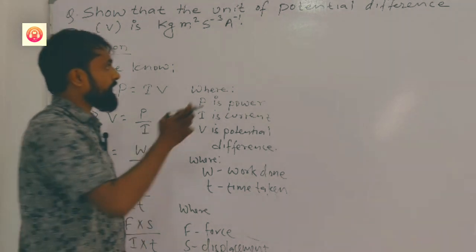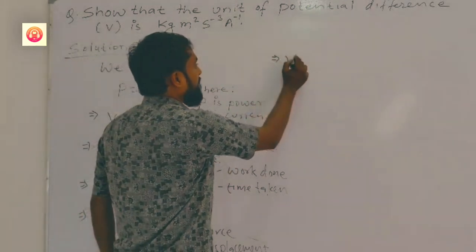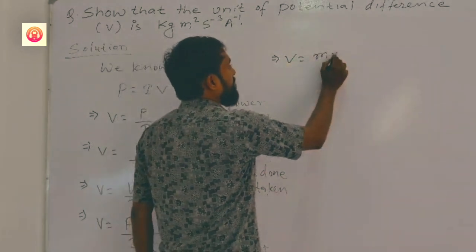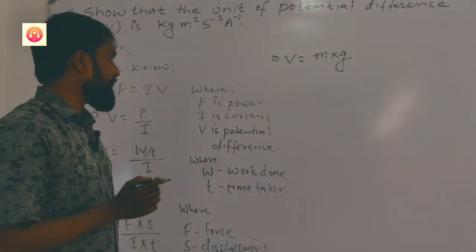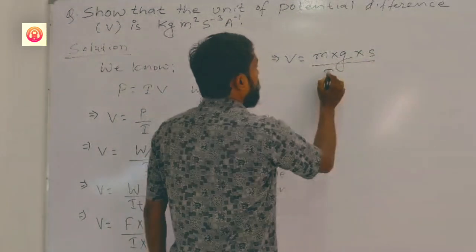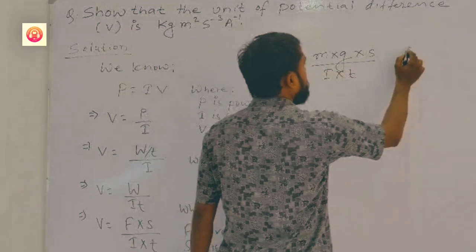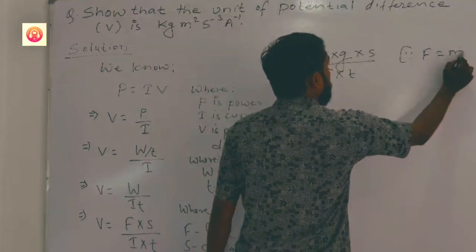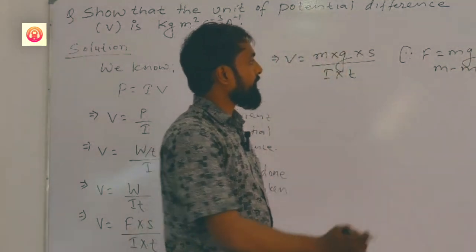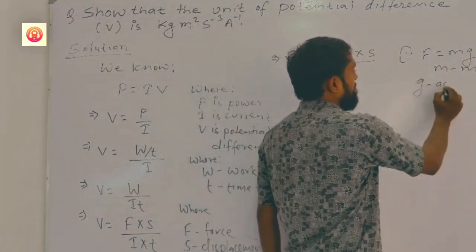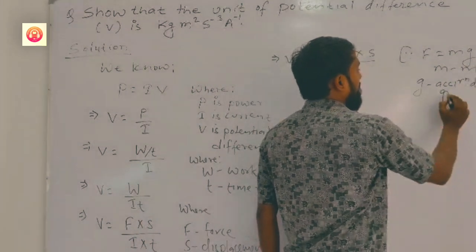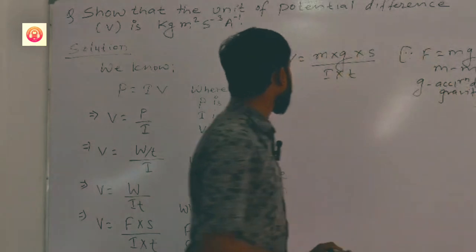So further we can write V equals force, which is mass into acceleration due to gravity, into displacement upon current into time, since F equals m g, m equals mass, g is our acceleration due to gravity.